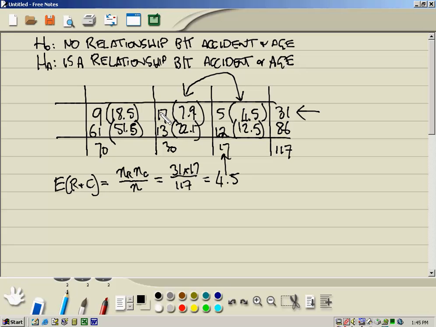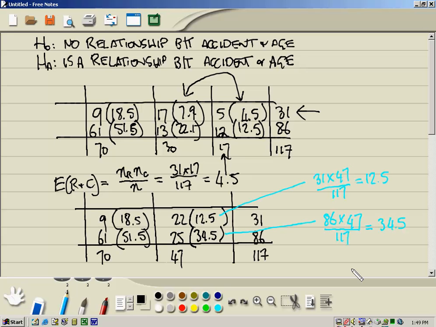So when we combine, we go 17 plus 5 is 22 for the combined on the top row, and then 13 and 12 is 25, and then we'll have combined expected values. Let's fill that out now. Alright, so here we have our combined table.